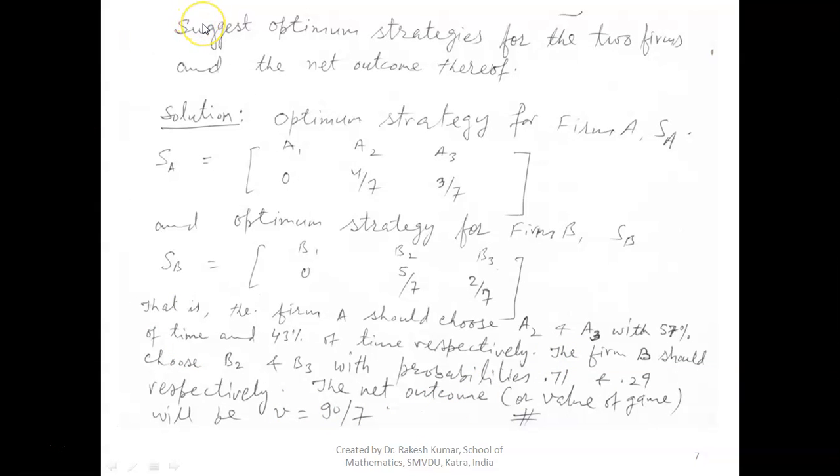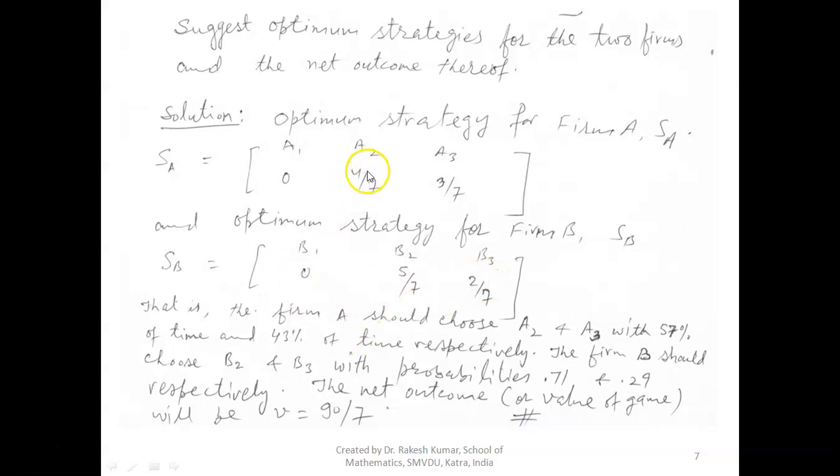Now, the question is, suggest optimum strategies for both the firms, and the net outcome thereof. Considering that SA is the optimum strategy for firm A and SB is the optimum strategy for firm B, by using the mathematics of game theory, SA is obtained like this and SB is obtained like this.